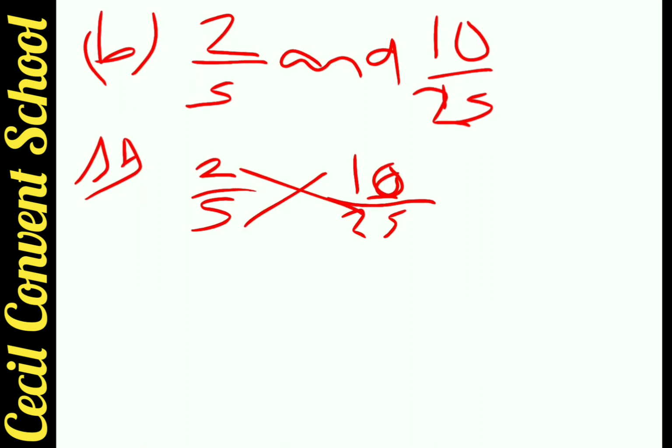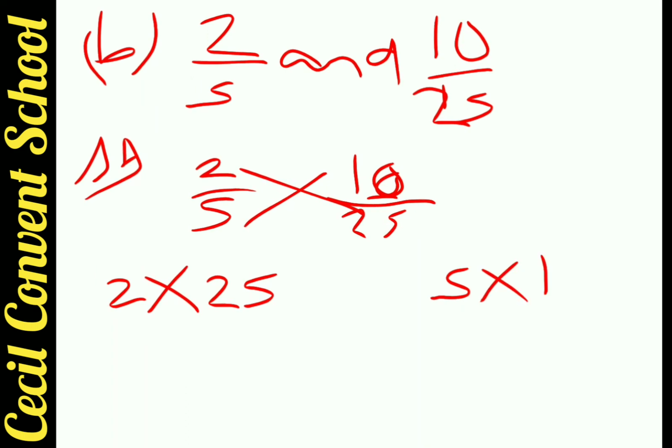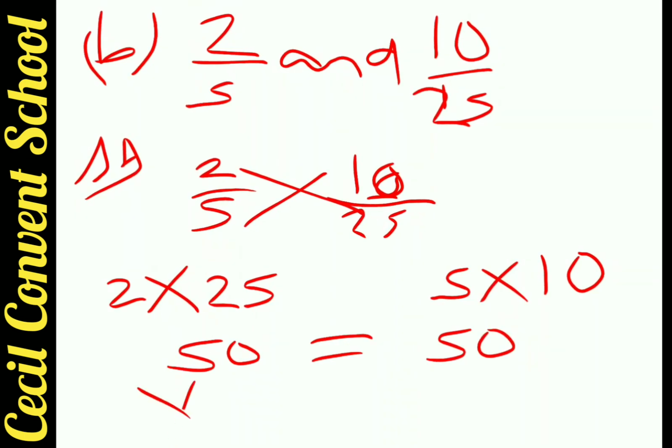Cross multiply 2 into 25. Then leave some gap between the numbers. Now 2 twenty-fives are 50. 5 tens are 50. Both the numbers are coming equal, so you put an equal sign and down you write yes. Clear? You will write yes.